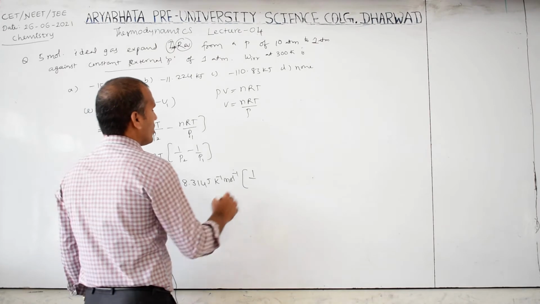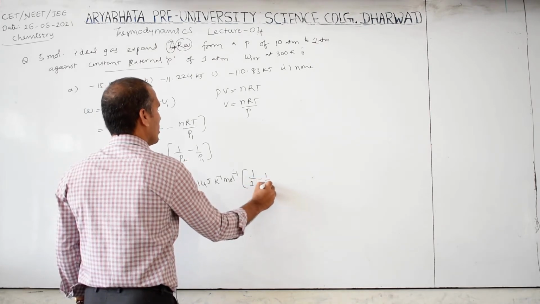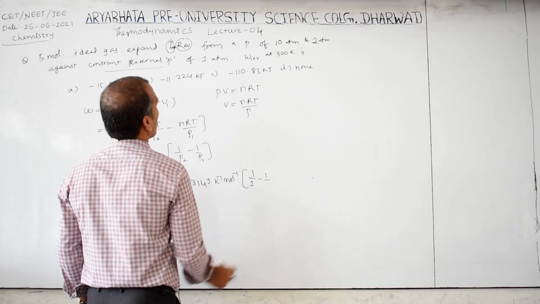So this is P1, so this is 1, this is P2, correct?